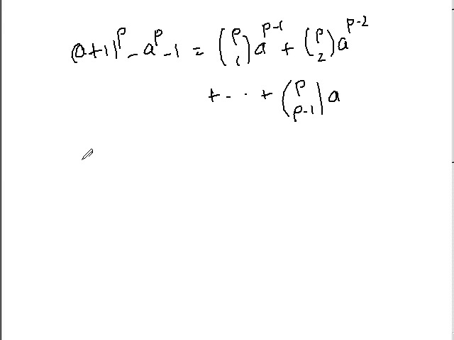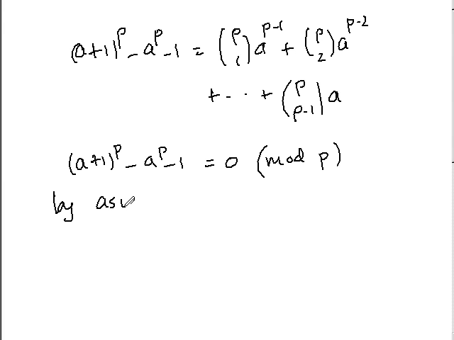Okay, so each of these is divisible by p, so (a plus 1) to the p minus a to the p minus 1 equals 0 mod p. So all of these terms contain at least one factor of p.